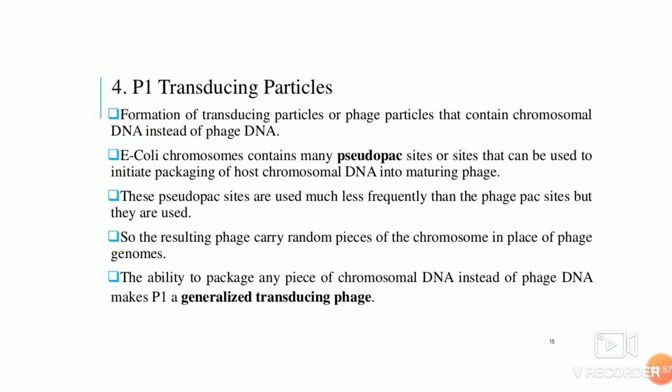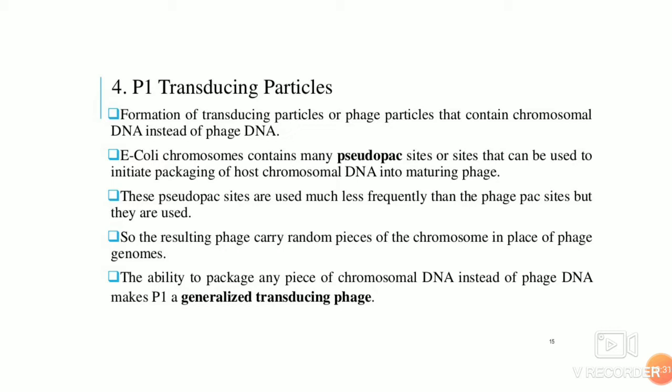Formation of transducing particles, or phage particles that contain chromosomal DNA inserted instead of phage DNA, can also happen. The E. coli chromosome contains many pseudopac sites, or sites that can be used to initiate packaging of host chromosomal DNA into maturing phage. These pseudopac sites are used much less frequently than the phage pac sites.